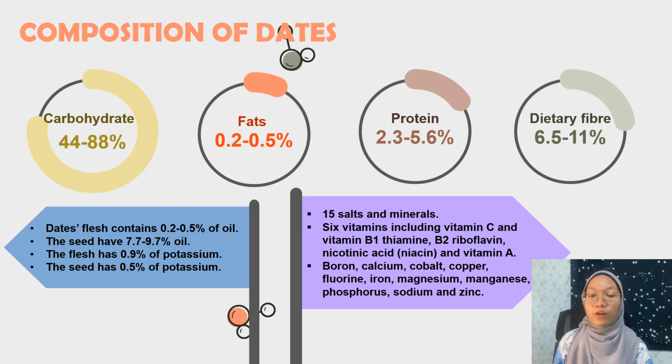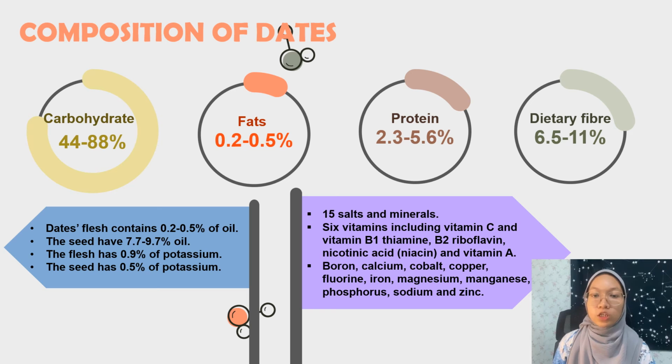Furthermore, date flesh and seeds each have their own composition of oil and potassium. The flesh consists of 0.2 to 0.5% oil and 0.9% potassium. The seeds consist of 7.7 to 9.7% oil and 0.5% potassium.